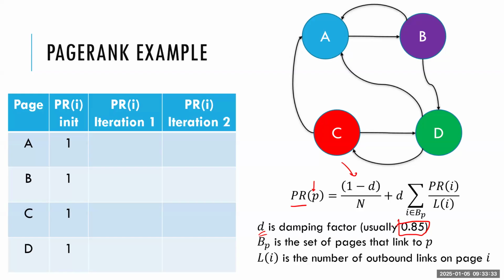And here, L is the number of outbound links. So basically, all the pages that I point to, I will distribute to them equally. So the equation here, they work out at the end.